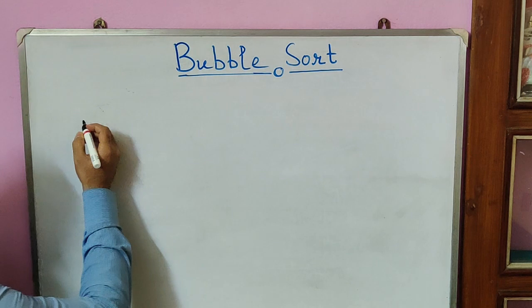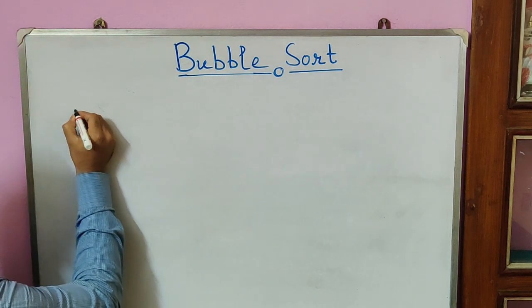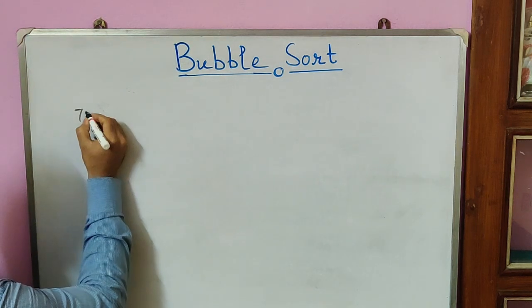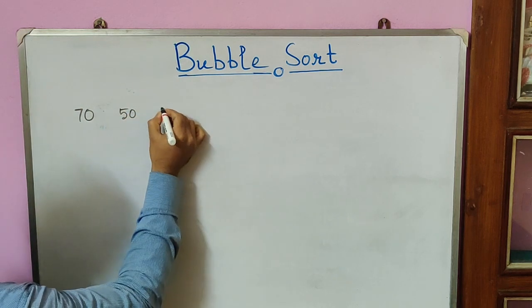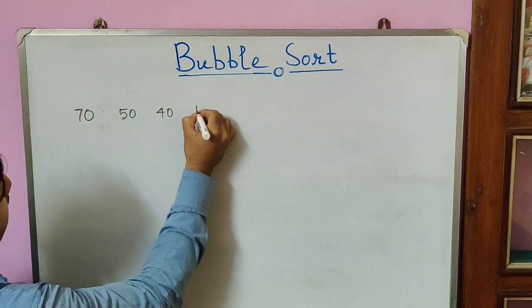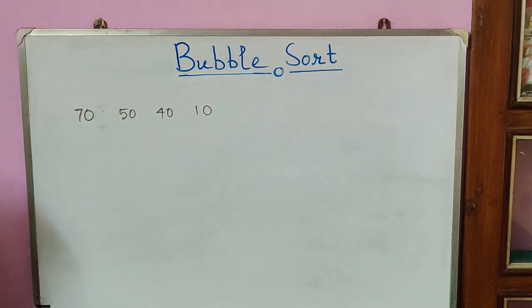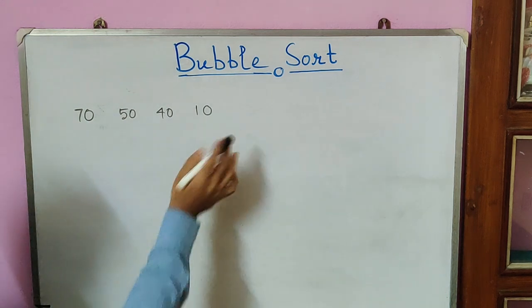So the elements are 70, 50, 40 and 10. I am considering these elements over here: 70, 50, 40, 10.